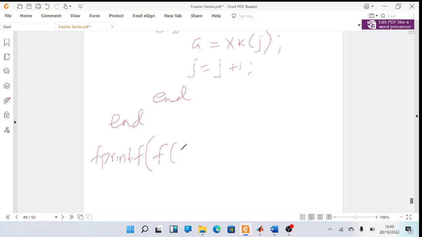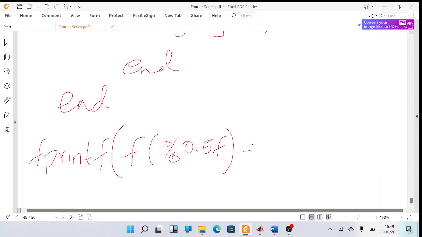Here I will put a placeholder. The percentage is a placeholder. I can write the value of x correct to 5 decimal places. So I can write 0.5f is equal to, then I'll put another placeholder, percent 0.5f.